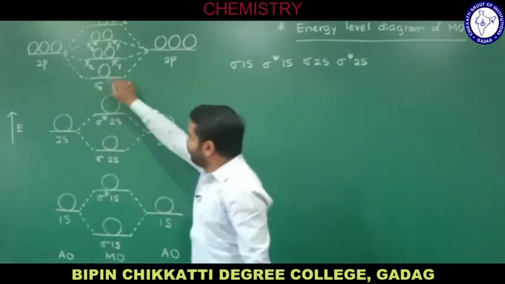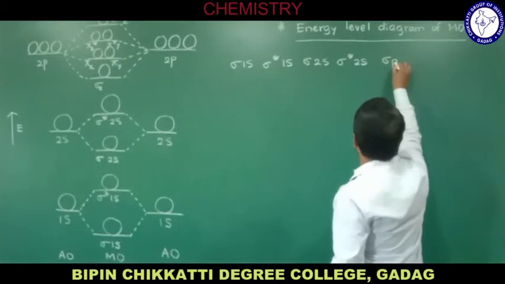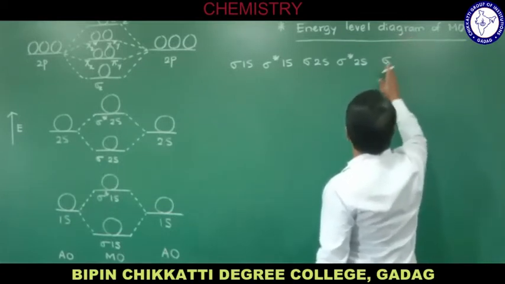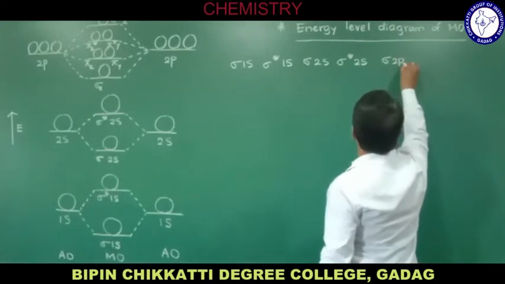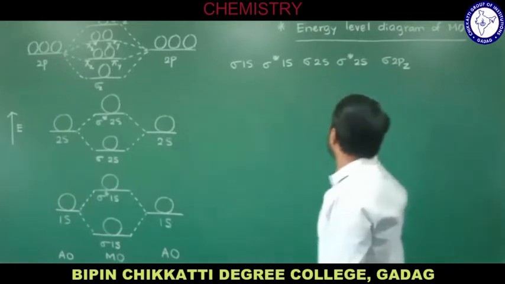Next you come, here we have sigma z. You can write sigma z or you can write sigma 2pz also. As I mentioned, you can mention the atomic orbital, sigma 2pz. So this is sigma z, that is for 2p, therefore sigma 2pz.